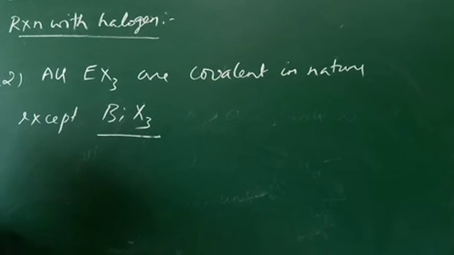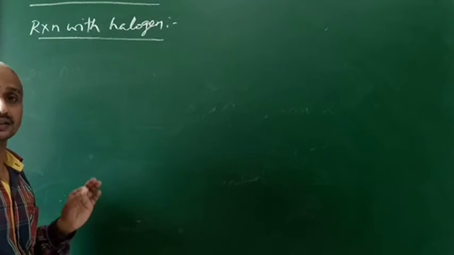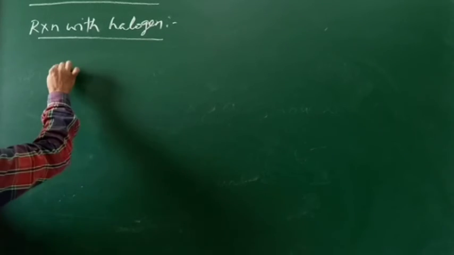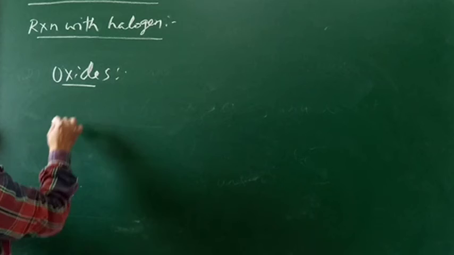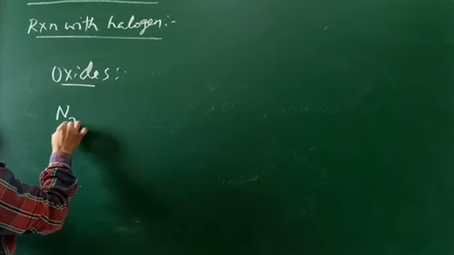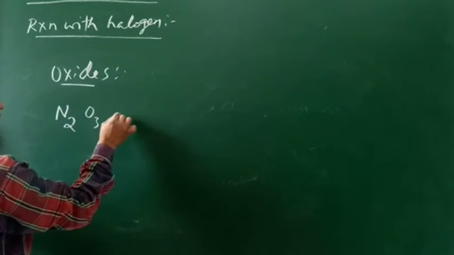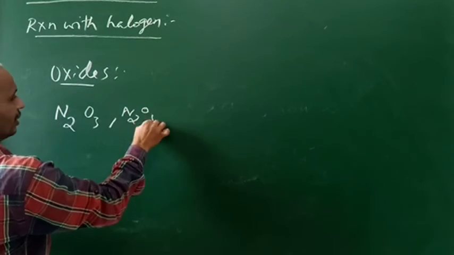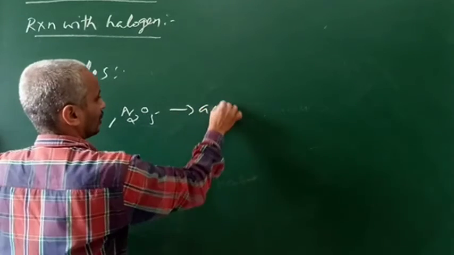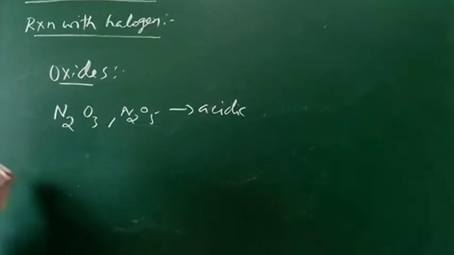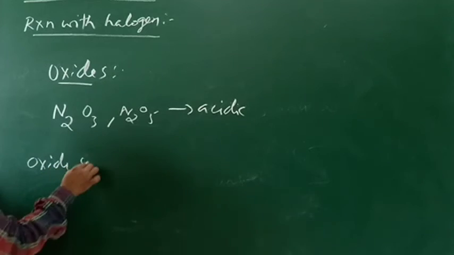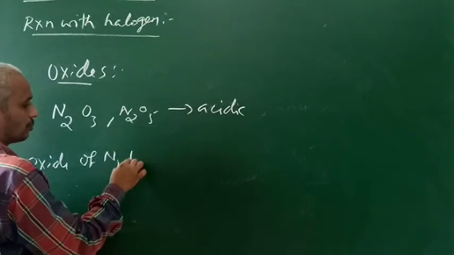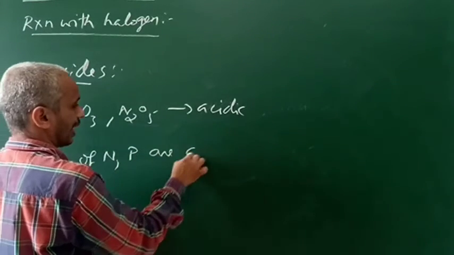Okay. Now one more point in the oxides, I forgot to mention. N2O3, N2O5, etc. are acidic in nature only. That means oxides of nitrogen and phosphorus are acidic in nature.